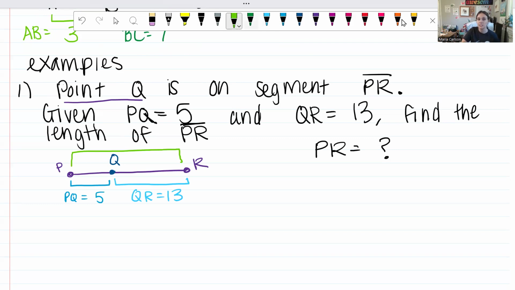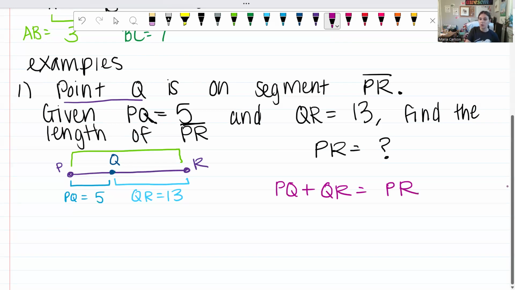So in order to do this, I know that PQ plus QR will add together to give us the entire segment length of PR. So I am simply going to add up PQ, which is 5, plus QR, which is 13, to get that our segment PR in total is 18 units long. So PR measures 18 units. It's 18 units long.